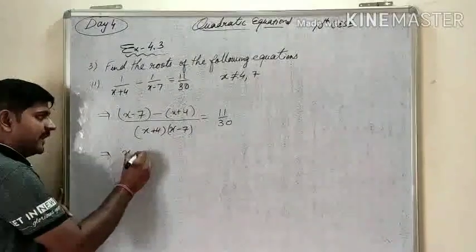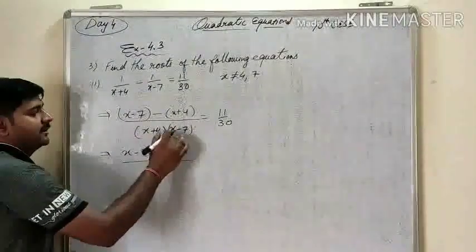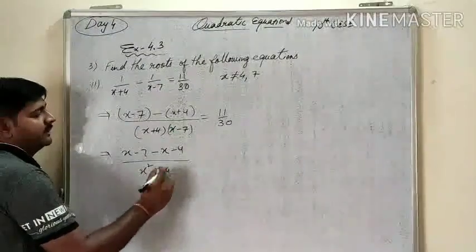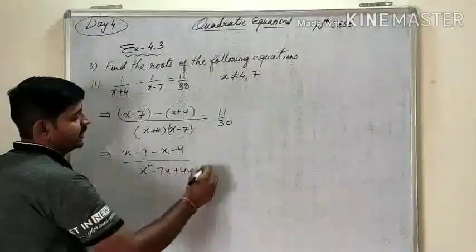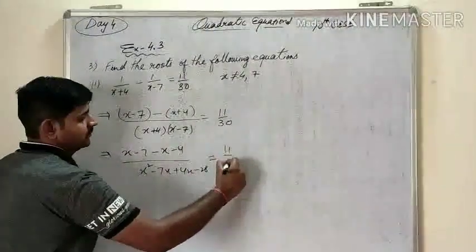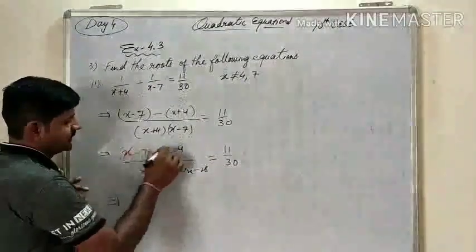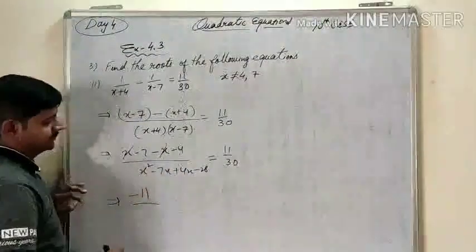If we open these brackets, there will be minus x and minus 4 upon x into x is x square, x into 7 is negative 7x, 4 into x is 4x, and 4 7s are 28. So x and x both cancel, and 7 plus 4 is 11, negative.